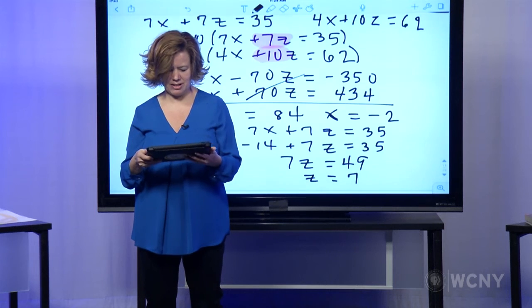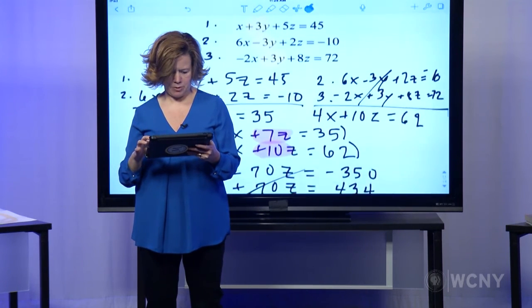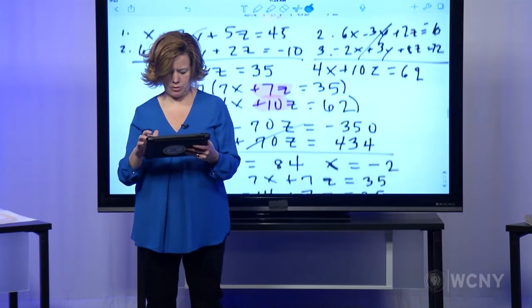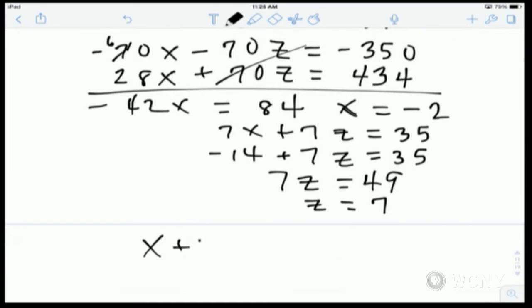Now I can go back in and finally find my y. So take one of your original equations. I'm going to grab x plus 3y plus 5z equals 45. And I'm going to substitute my x equals negative 2 and z equals 7 into it.